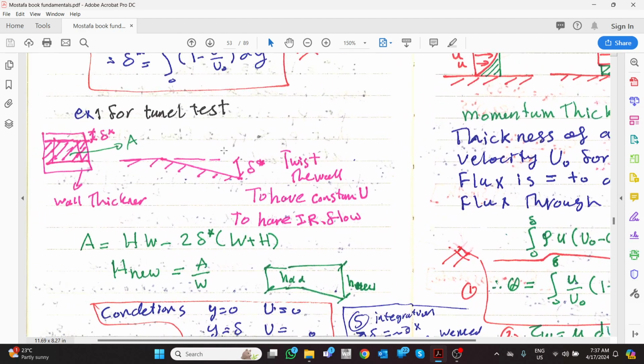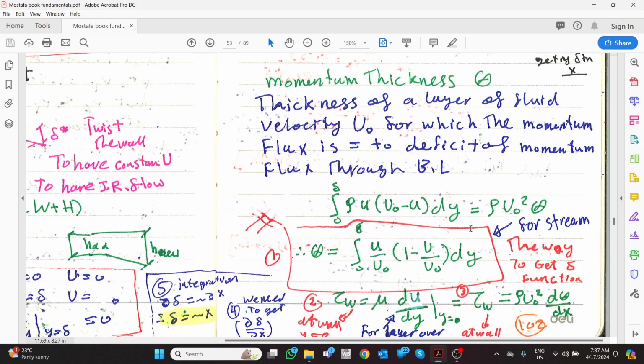This is just an example. It is better to get it because later on we are going to concentrate on here only.